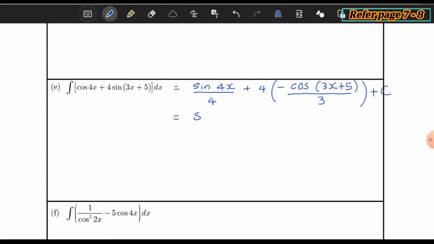Final answer will be sin 4x over 4 minus 4 over 3 cos 3x plus 5 plus c.